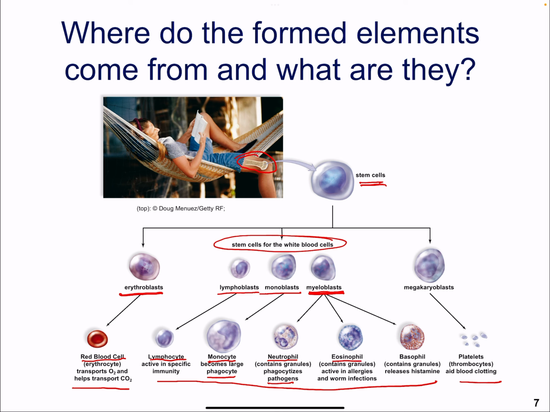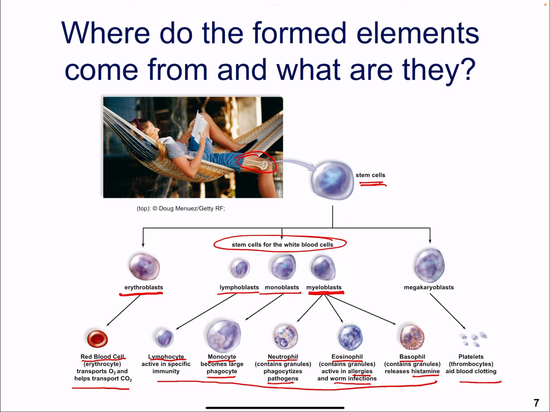The eosinophils are going to play a very important role in fighting worm infection and also in allergy. And finally, the basophils are going to be very instrumental in inflammatory response. They're going to release histamine and play a role in inflammatory response.